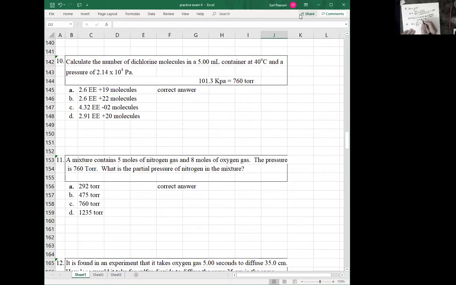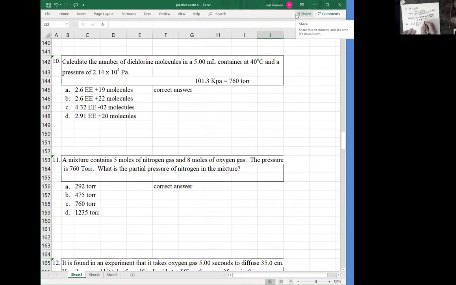The pressure that we want is 2.14 times 10 to the 4th pascals. Now I've got to convert that to atmospheres. So I want to go from pascals to atmospheres.